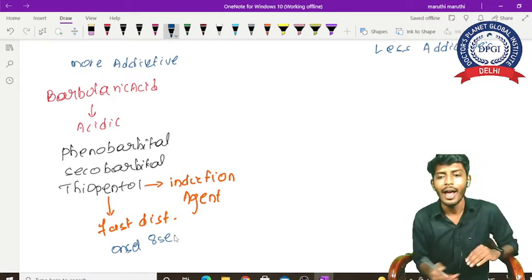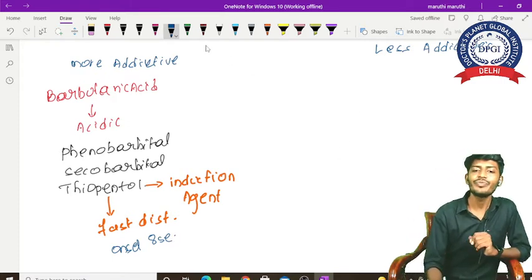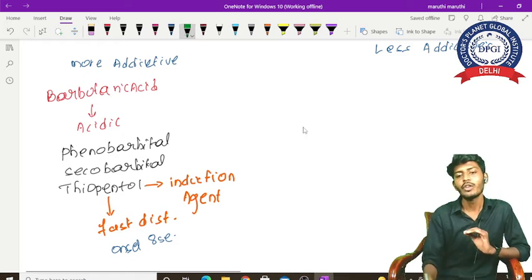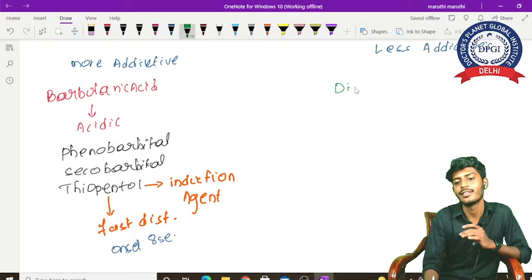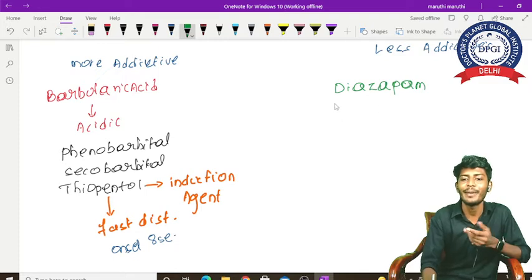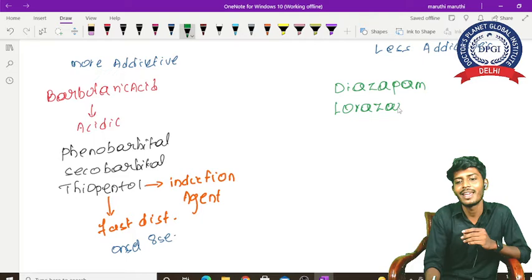Very good. Apart from that, let's come back to benzodiazepines. The benzodiazepine drugs include diazepam, lorazepam, very nice. Any other ending with pam?